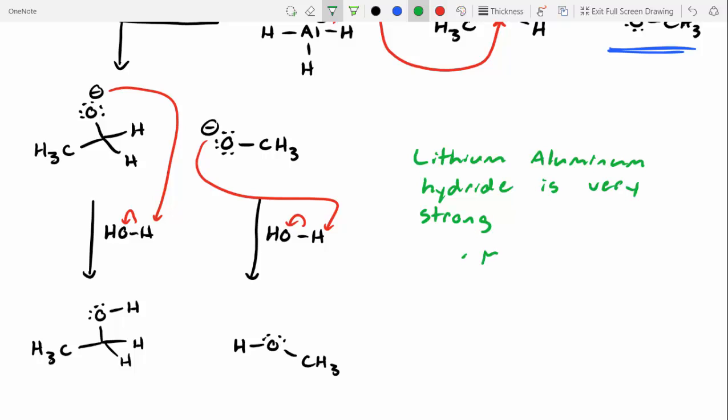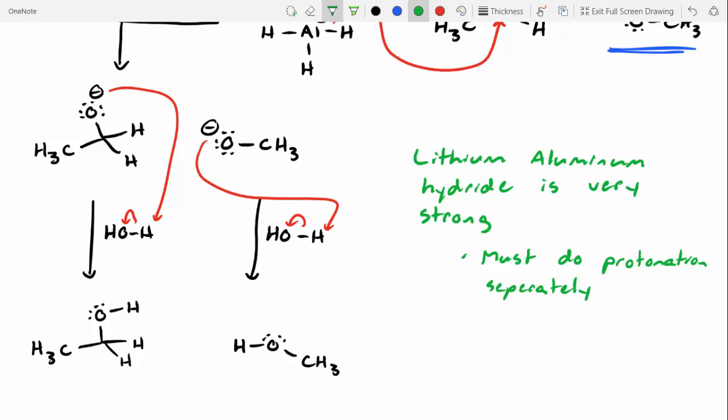That means we must do deprotonation, or sorry, protonation, separately. So that's one important thing.